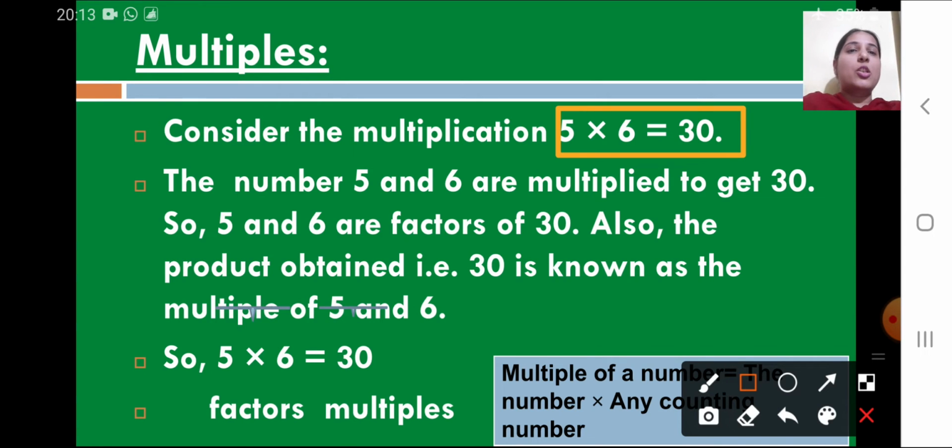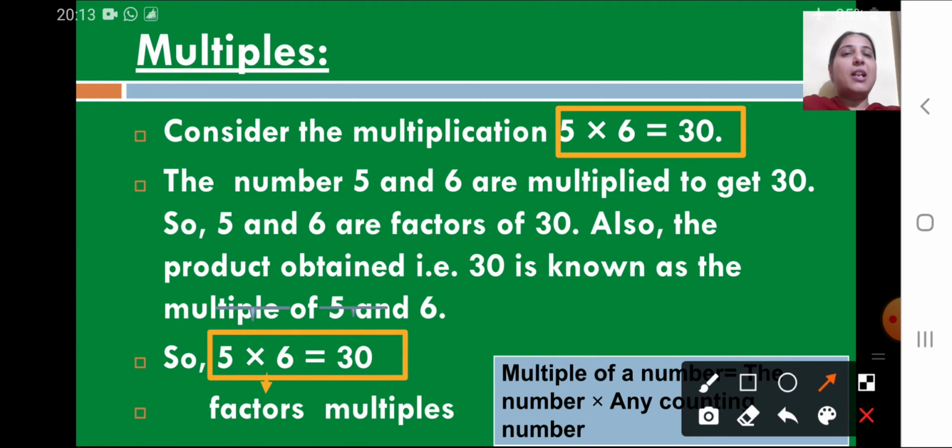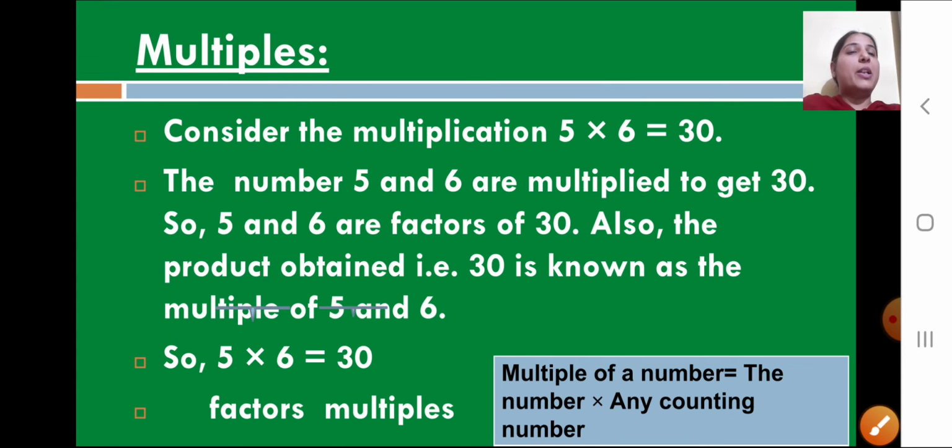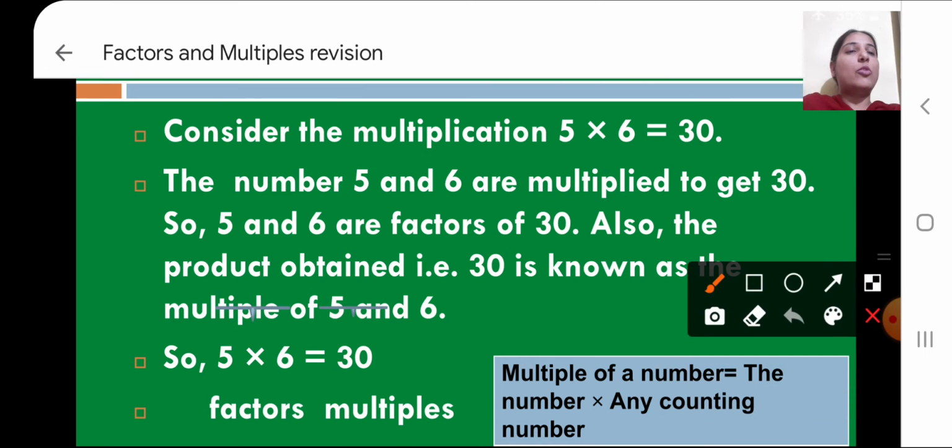Okay. So understand here, if we have multiplied 5 by 6, 5 and 6 are the factors of number 30, whereas 30 is the multiple of 5 and 6. Got it? You can find the multiple of a number by multiplying that number by any counting number.